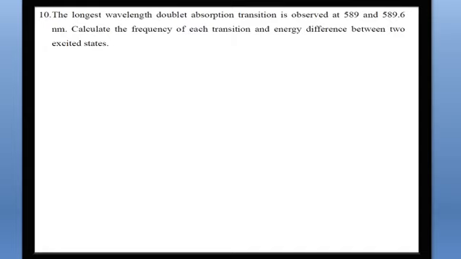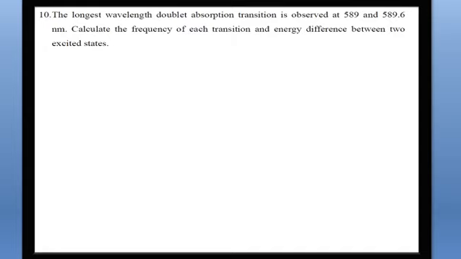Okay, and the last question is: the longest wavelength doublet absorption transition is observed at 589 and 589.6 nanometer.